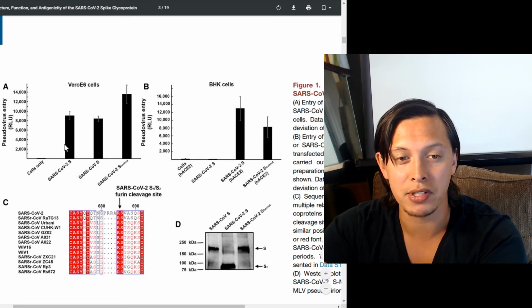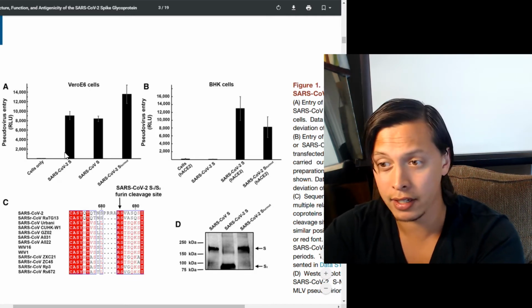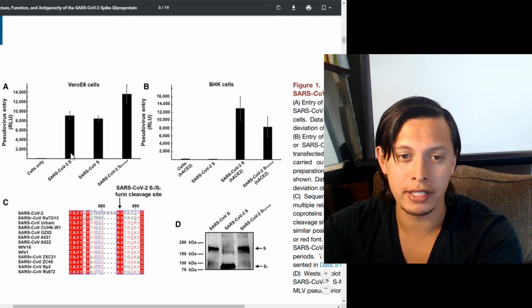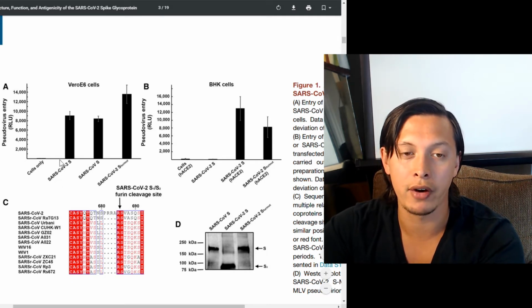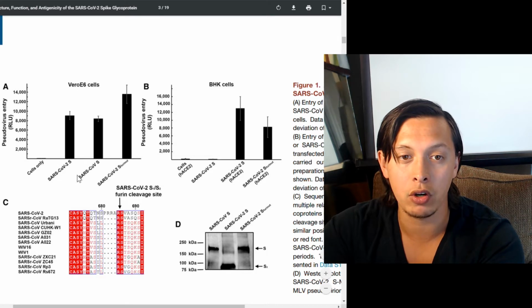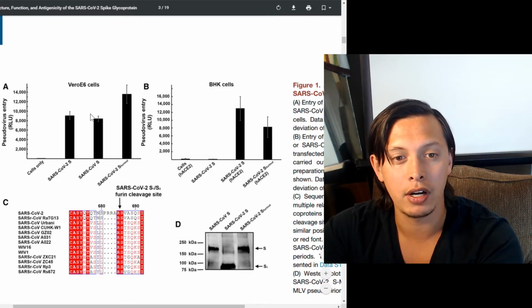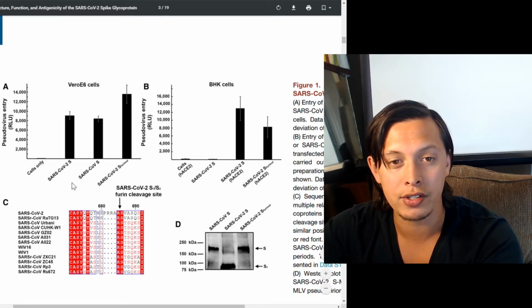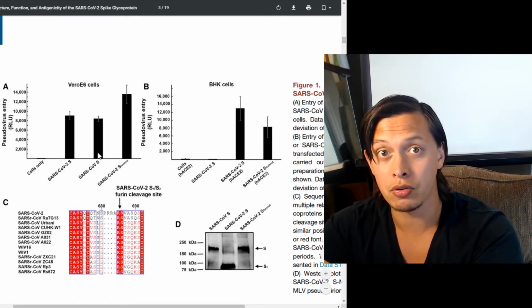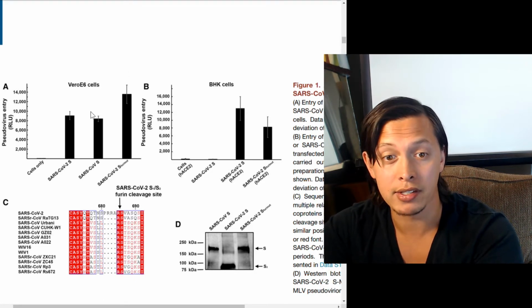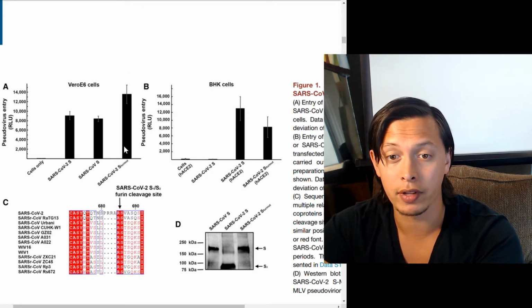And as a control, they didn't just use the new spike protein of the new coronavirus, they used the spike protein of the old coronavirus as well, the original SARS. And that also allowed our pseudoviruses to get into these monkey cells. And this is for later.